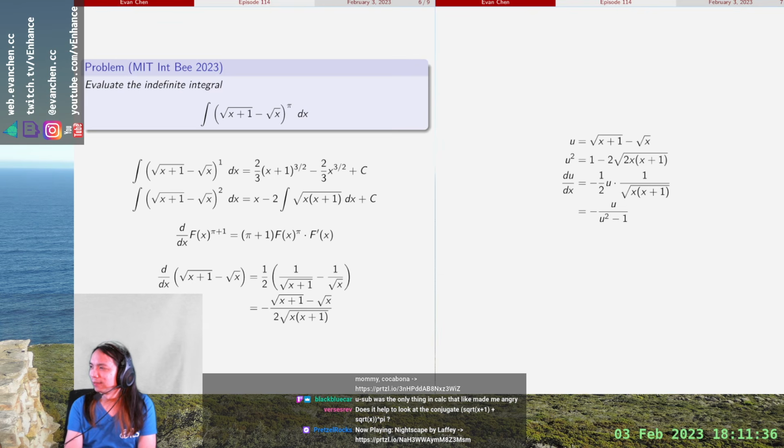dx is equal to... So we could do the u substitution and have the radicals go away now, I guess, if I didn't screw up already, which is a bold assumption.